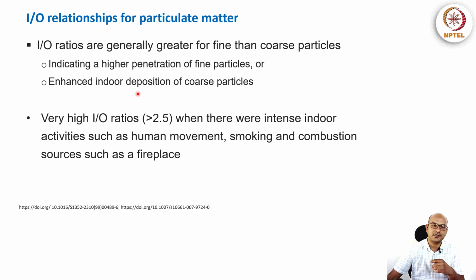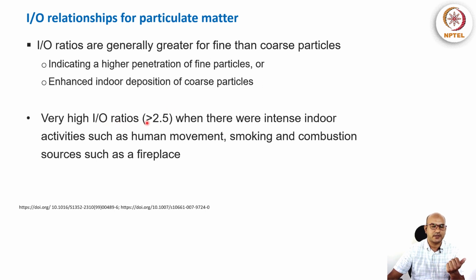The second reason is that indoor deposition of coarser particles might be taking place. Maybe they are depositing better by gravity settling in comparison to fine particles. So I by O ratios are generally greater for fine particles than coarse particles, either indicating a higher penetration for fine particles or enhanced indoor deposition of coarser particles.